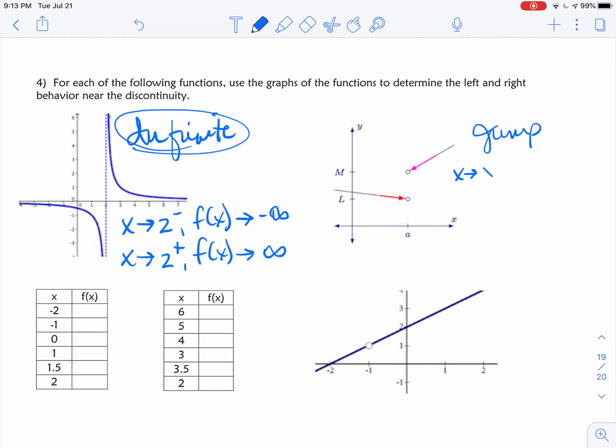And as x approaches a from the left, we're getting closer and closer to a. Our function, f of x, it looks like it's approaching. It's not going to equal because it's got an open circle. It approaches L. And as x approaches a from the right, the function is going to approach m.